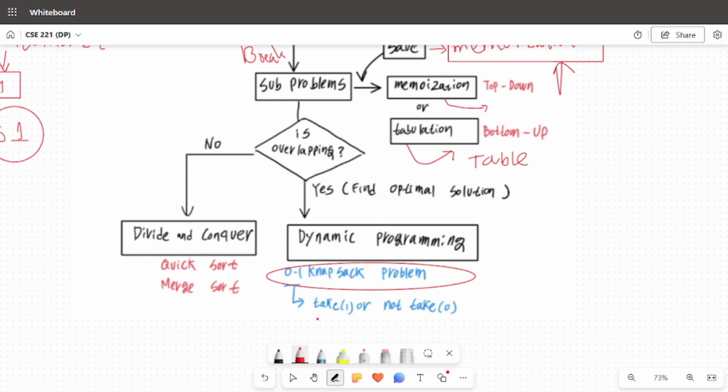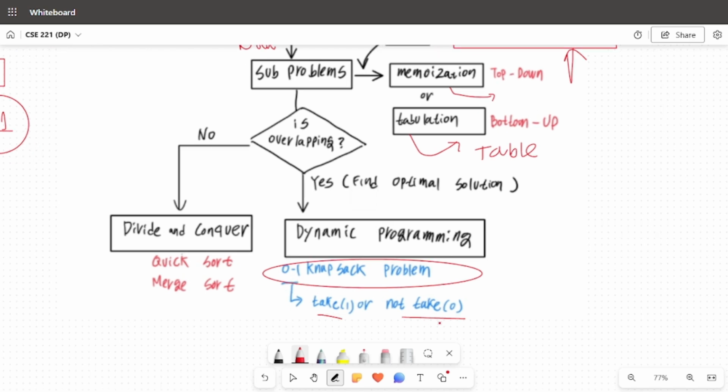The 0-1 knapsack problem is that you can take the solution or you cannot take the solution, right? 0 means you can't and 1 means yes you can. So take means 1 and not take means 0. After that, you have to make a DP table.